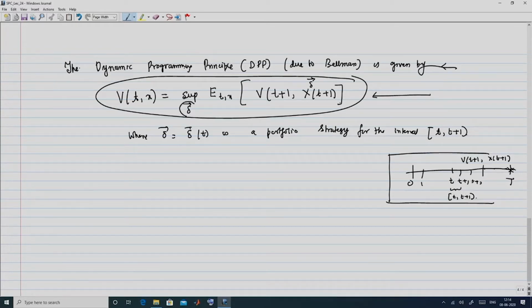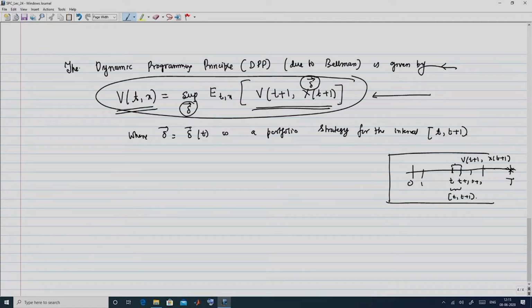So, there could be many such delta vectors which are allowable as portfolios during the period t to t+1, and the dynamic programming principle gives you that the value at (t, x), when you have found out the value function at t+1, is going to be given by the supremum of the expected value of the value function over all possible portfolios delta vector that are allowed in the interval t to t+1.